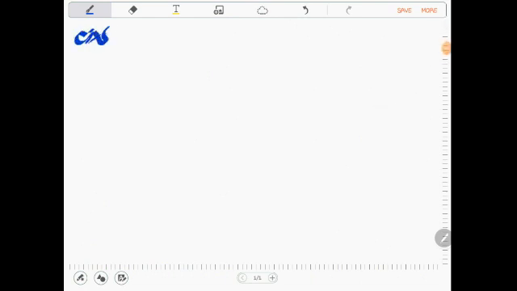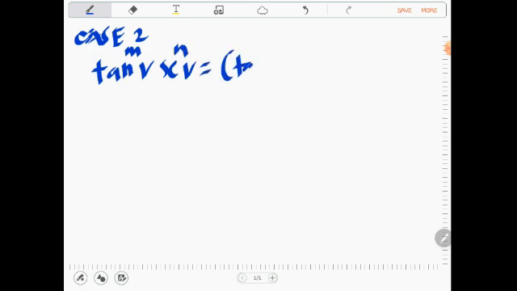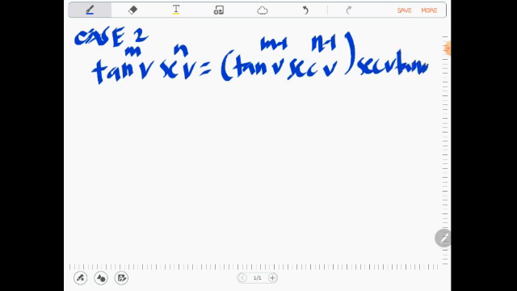For case number 2, when m is a positive odd integer, ngayon m naman, no? And n is any number, we may write tangent of v raised to m, secant of v raised to n, is equal to a quantity tangent of v to the m minus 1, then secant of v to the n minus 1, then multiplied by secant of v tangent of v.